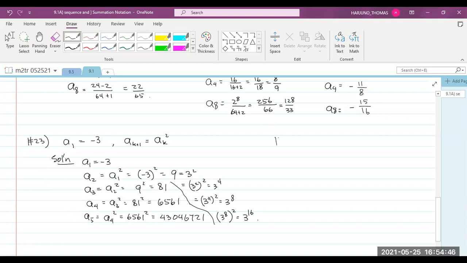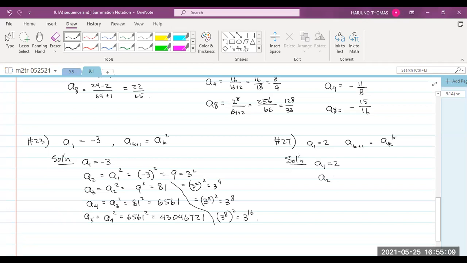Okay, number 27. The first term is 2. The next term is the current term to the power of k. So what are the first 5 terms? The first term is 2, that's given.